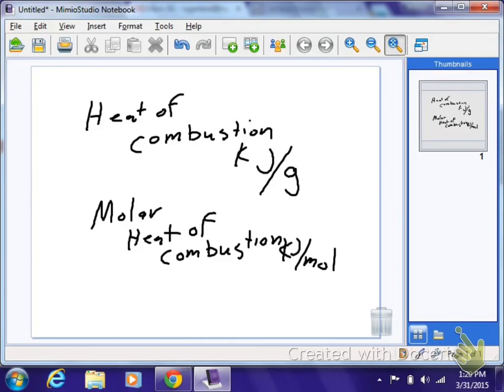That's what we're looking for, kilojoules per mole. So we're going to go through the steps real quick. You guys follow along. You have similar setups that you should have showed. That's going to help you on this other assignment.